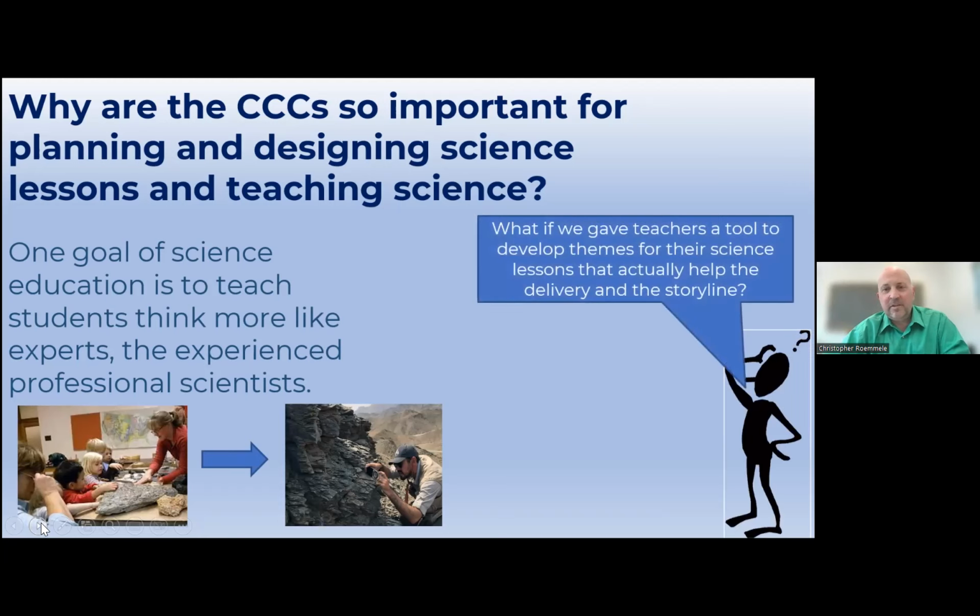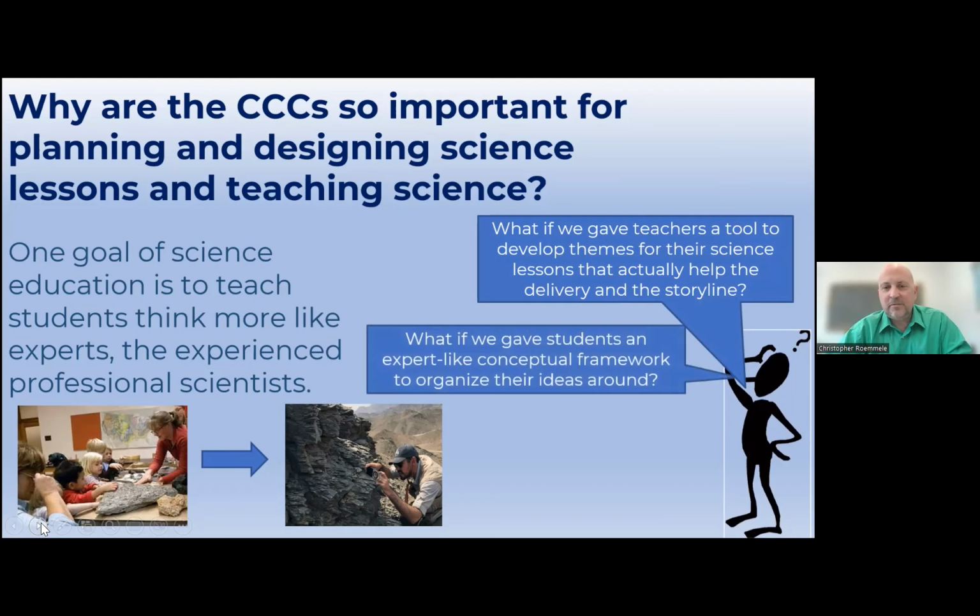And we might ask ourselves, what can we give our teachers as a tool to develop those themes for their science lessons and actually help with the delivery of the content and improve and guide and focus the storyline of their teaching?